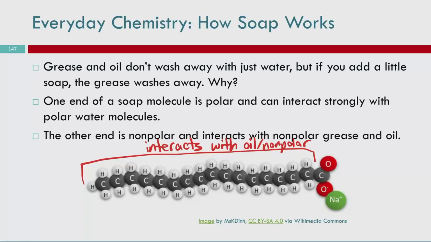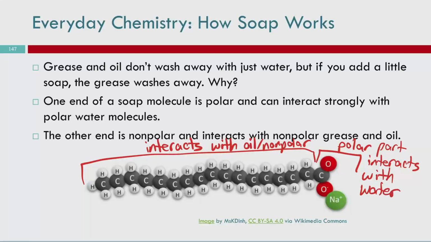And so this long part interacts with oil or nonpolar things, and then you have this other end over here. This is what we call a polar head. This part can interact with water.